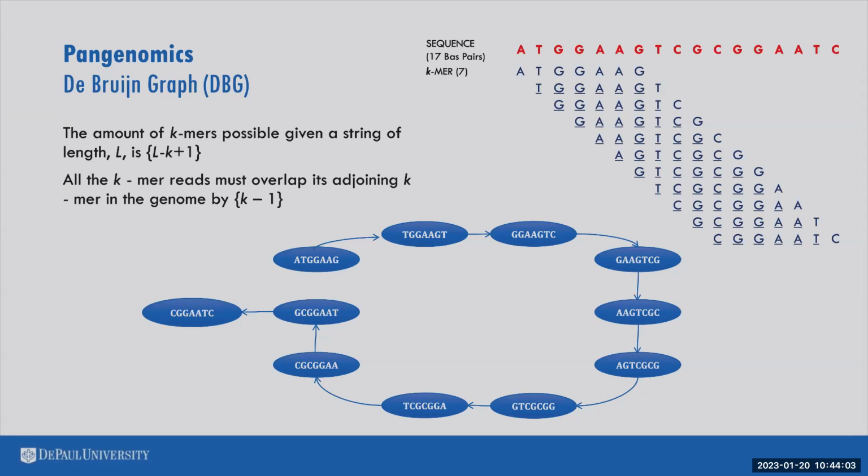In this example, I have a 17 base pair sequence string, and I'm using a k value of 7, and we get all these different k-mers. A graph is basically nodes and edges. These nodes are connected based on some criteria.